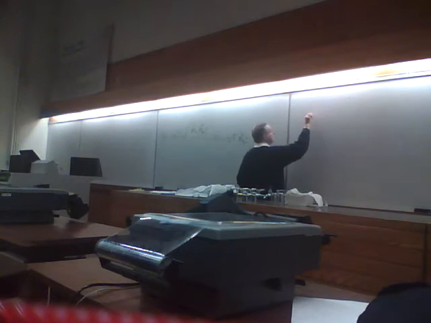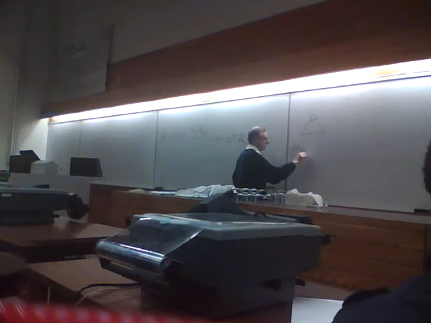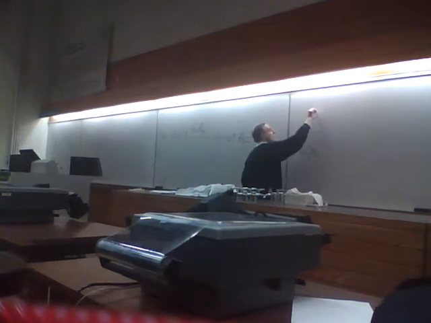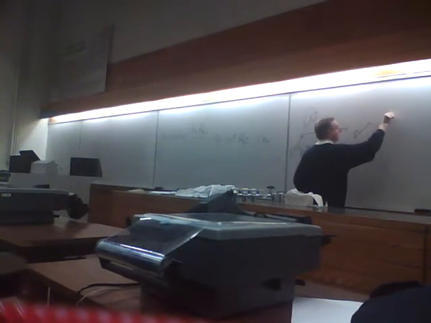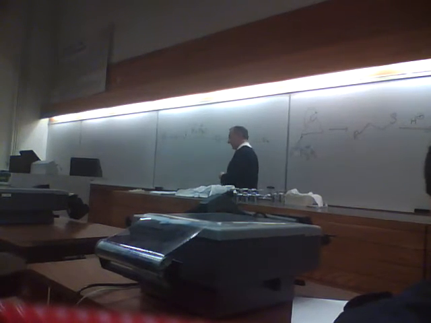If you take an epoxide and you treat it with a Grignard reagent, you will get an alcohol, according to the process that I've drawn up on the board.